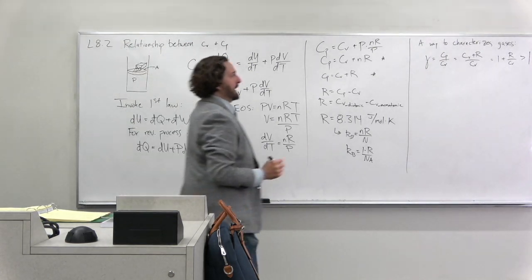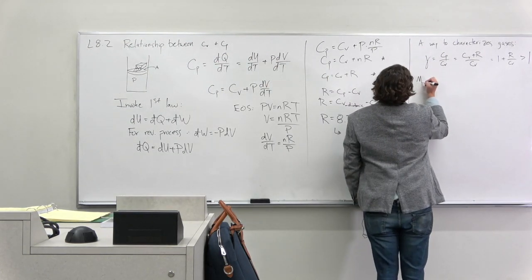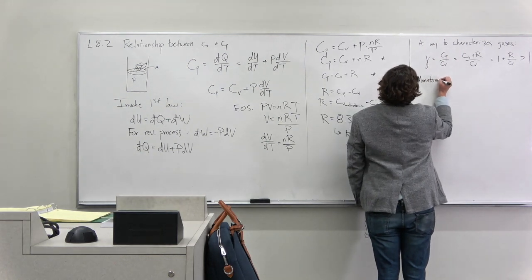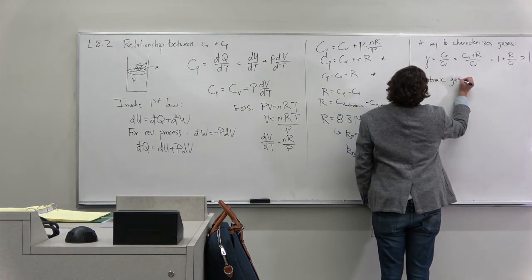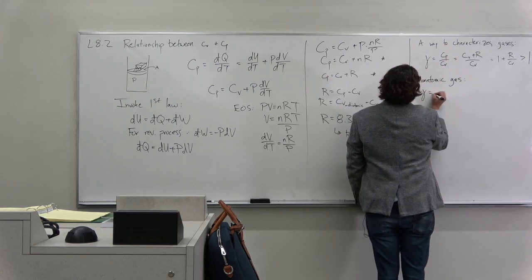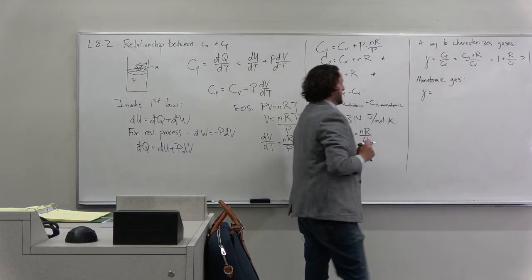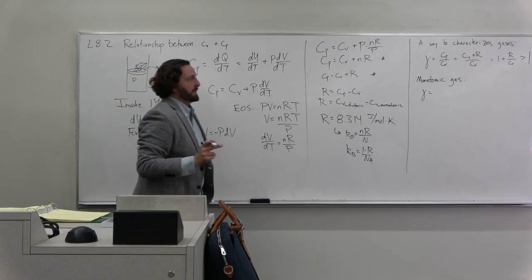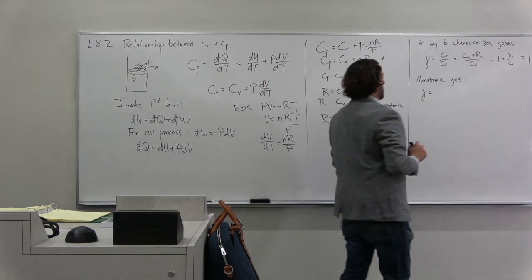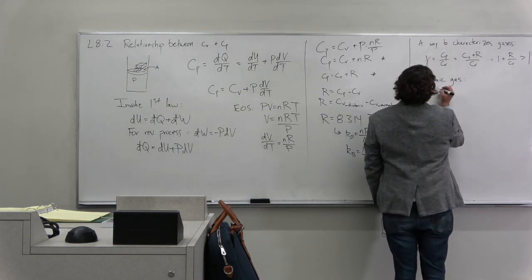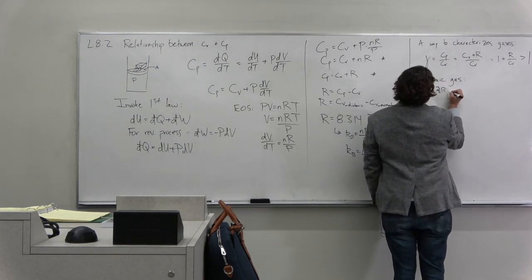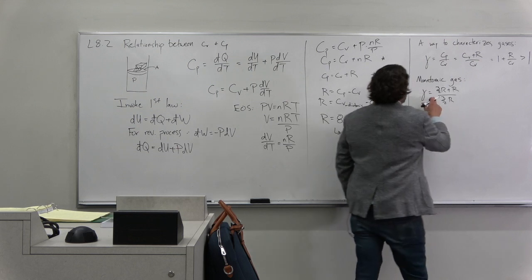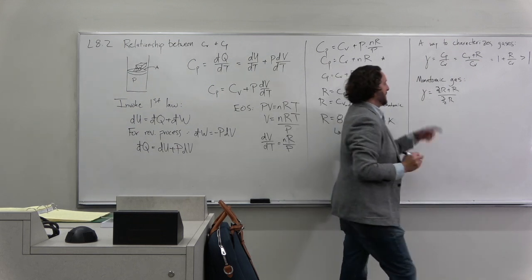So for a monatomic gas, gamma is going to be, so our Cv for a monatomic was 3/2 R. So this will be 3/2 R plus R over 3/2 R. Right? Because there were 3 degrees of freedom for a monatomic gas.